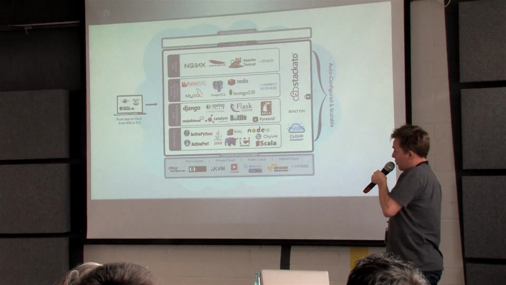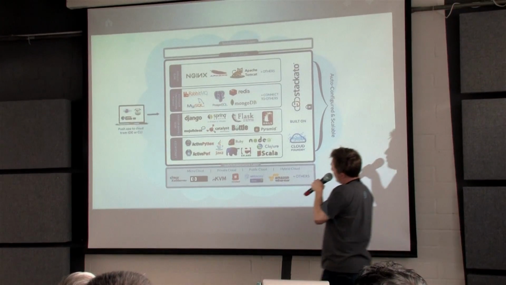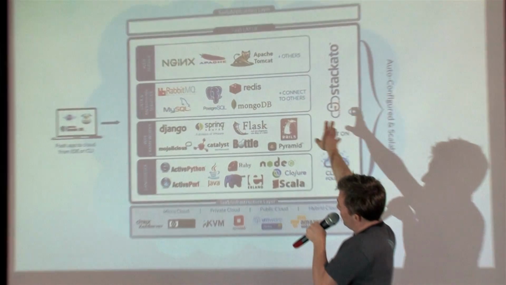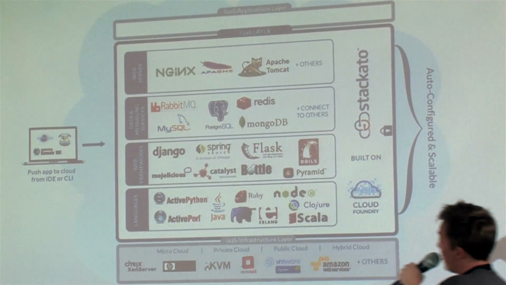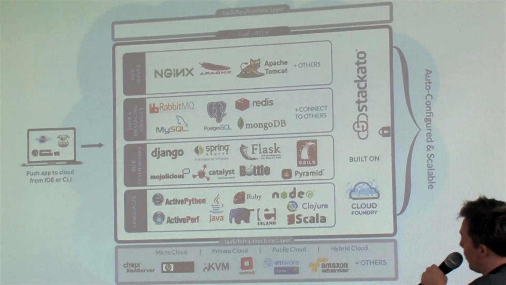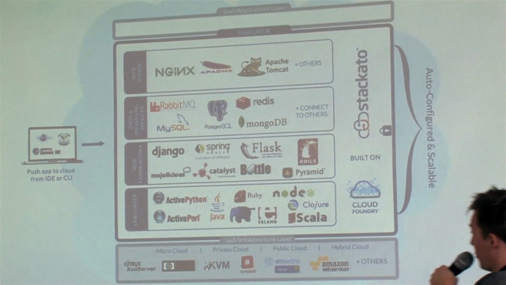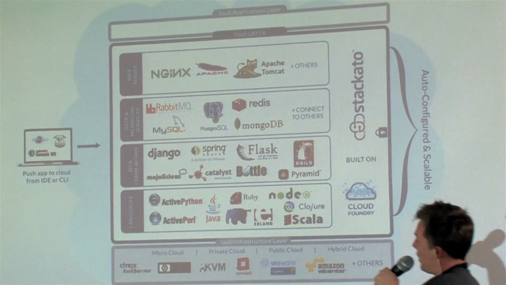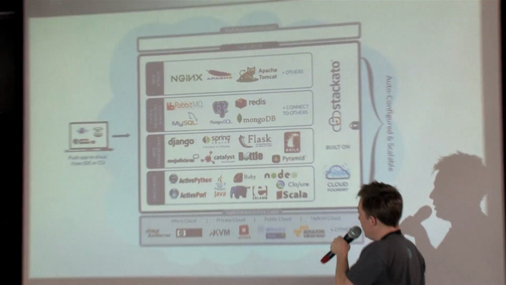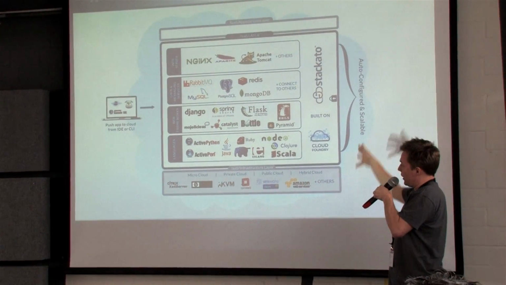This is a diagram from ActiveState where it shows what it is. You have Nginx and Apache on the front. You have a lot of services, as they call it, PostgreSQL, MySQL, and others, and you have all the frameworks. For Perl people, we have Catalyst and Mojolicious, and probably more will come. And we have Perl, Java, Ruby, Node, Erlang, whatever, in the language part.